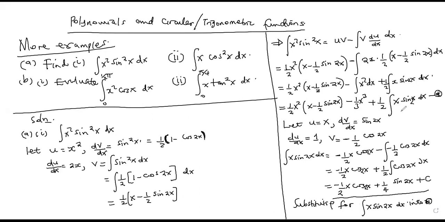We shall bring it in here, and since I'm going to rub this, let me see. So we are going to have our integral of x squared sine squared x dx equal to, it was a half x squared into x minus a half sine 2x, then minus a third x cubed.